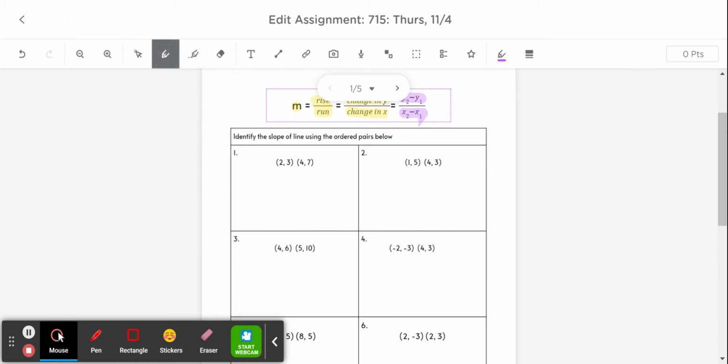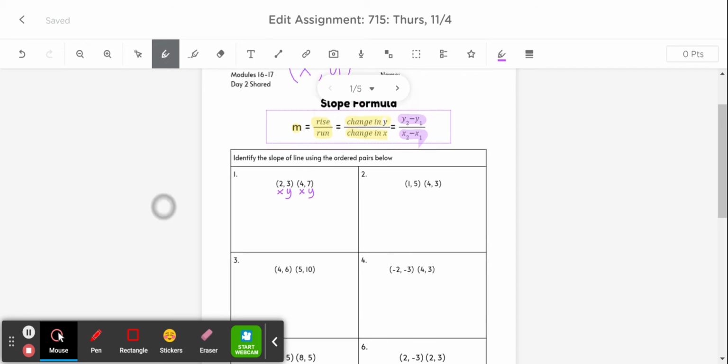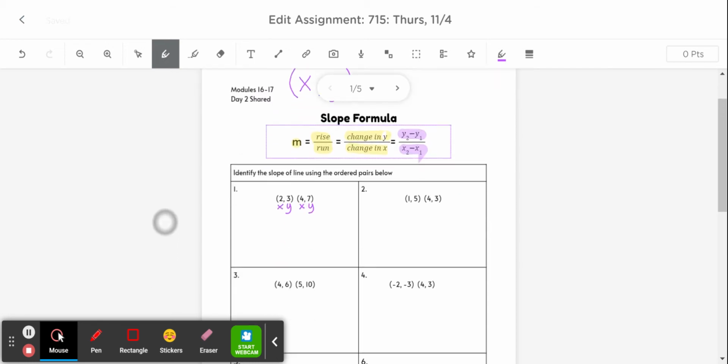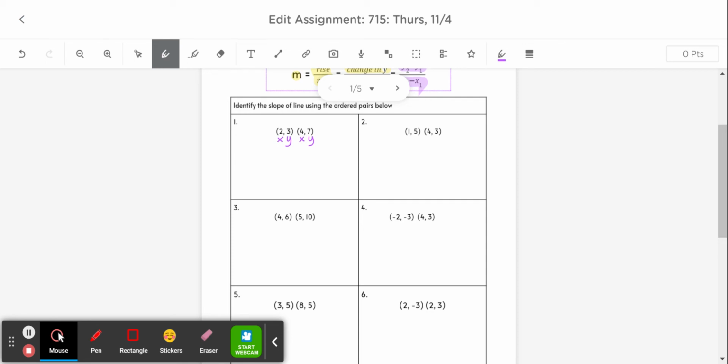We're given two ordered pairs, 2, 3, and 4, 7. The first ordered pair is x, y, and the second ordered pair is also x, y, right? Just like I showed you up here, x comma y is our ordered pair. So I'm going to choose whichever ordered pair I want to be x1, y1 because that's our first ordered pair.